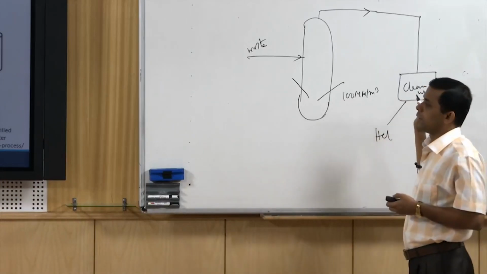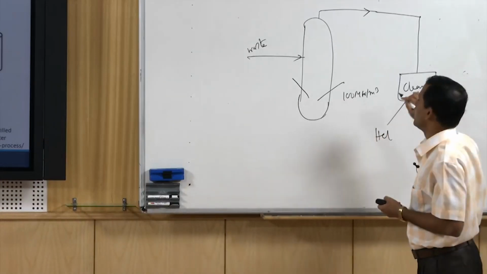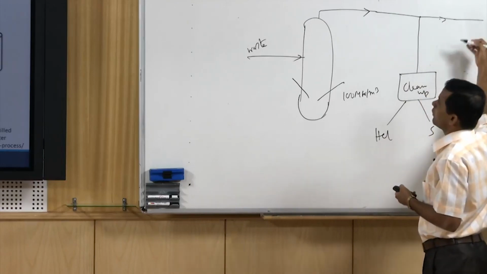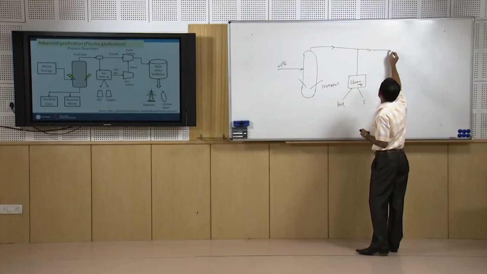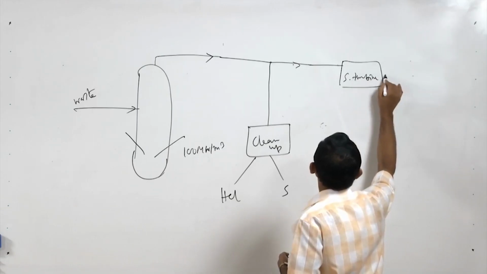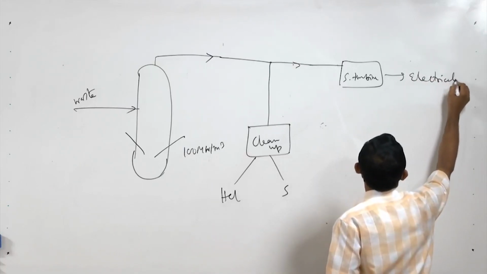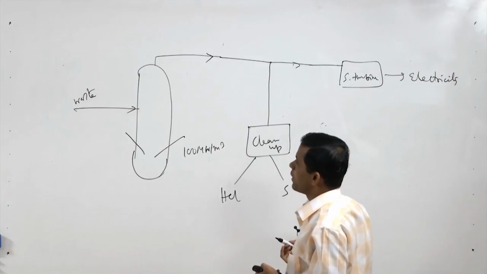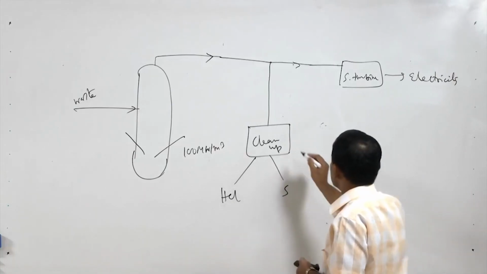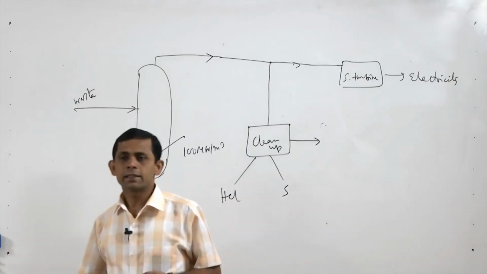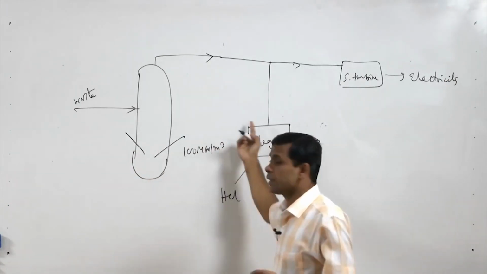This is a major difference in the flow sheet, and then the syngas can be used for steam production and then a steam turbine, so electricity. And after this cleanup we will get clean gas, and that clean gas can be used in a gas turbine because the high temperature is there.